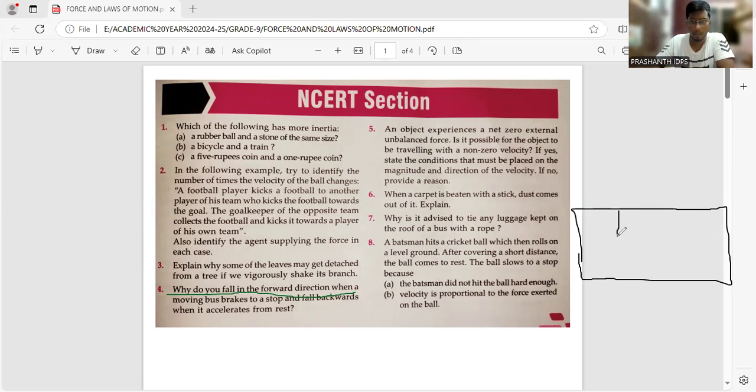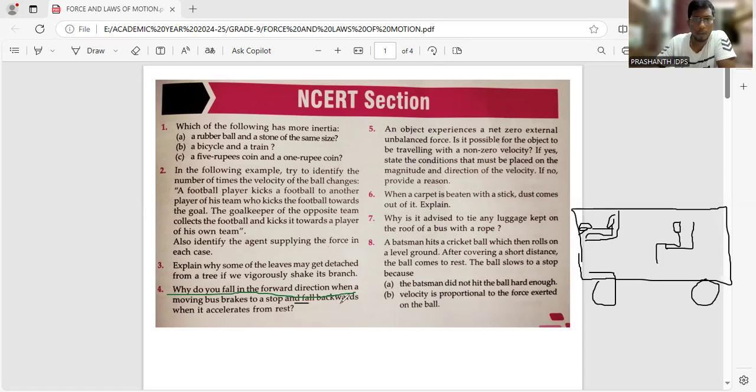Suppose, let us imagine that he is the driver of the bus, and he is driving the bus, and you are sitting behind the driver. Just imagine you are sitting here, behind the driver. Now it is a moving bus.